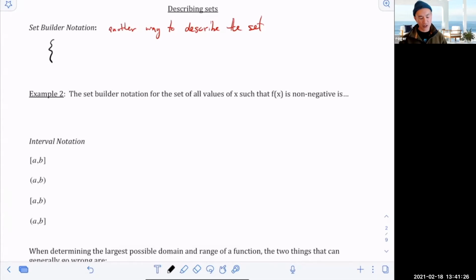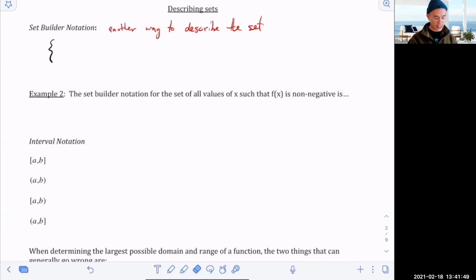In the past, you might have had a curly bracket and then just listed the numbers like 2, 4, 6, 8, 10, and then closed the curly brackets. Some of you have taken stats, and we describe sample spaces like this oftentimes. The set builder notation is not exactly like this.